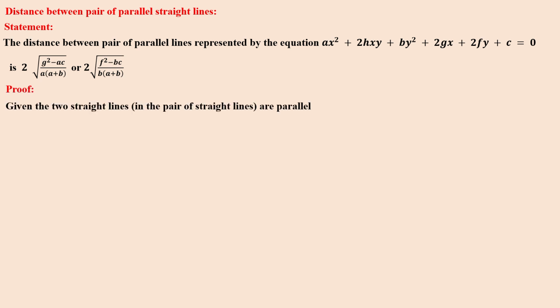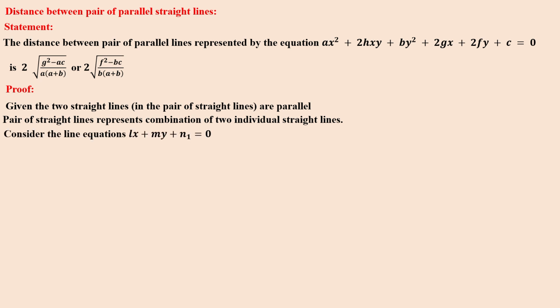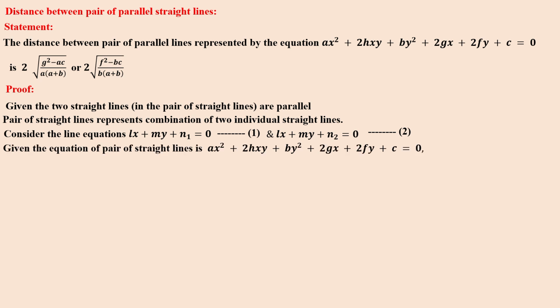We'll see the proof. Given the pair of straight lines are parallel. Pair of straight lines represents the combination of two individual straight lines, right? Consider the line equation Lx + My + N1 = 0, that is equation number 1, and Lx + My + N2 = 0, that is equation number 2.